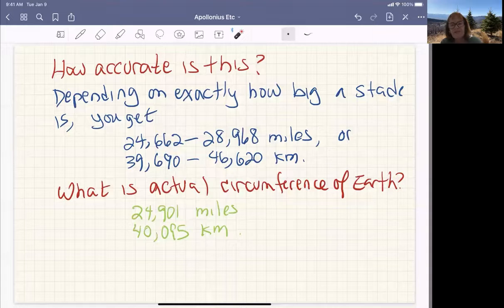And even if the stade is on the larger end, if the actual value is about 25,000 and his estimate is about 29,000, that's still a remarkably accurate estimate, especially given the times.